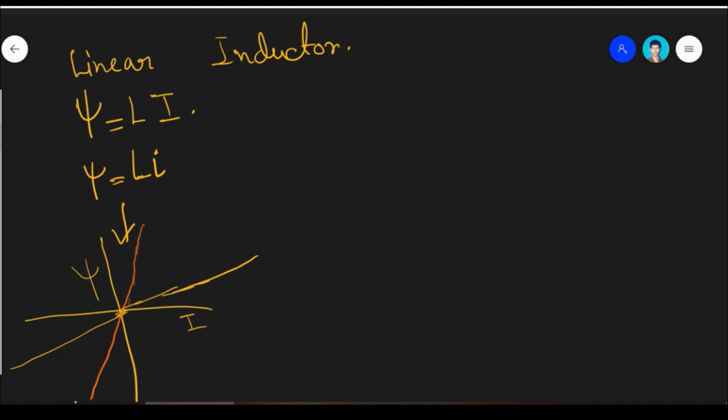For a small value of current, you will have a very high value of flux. But for an air core, shown in the yellow line, your inductor will never face any kind of saturation issue.